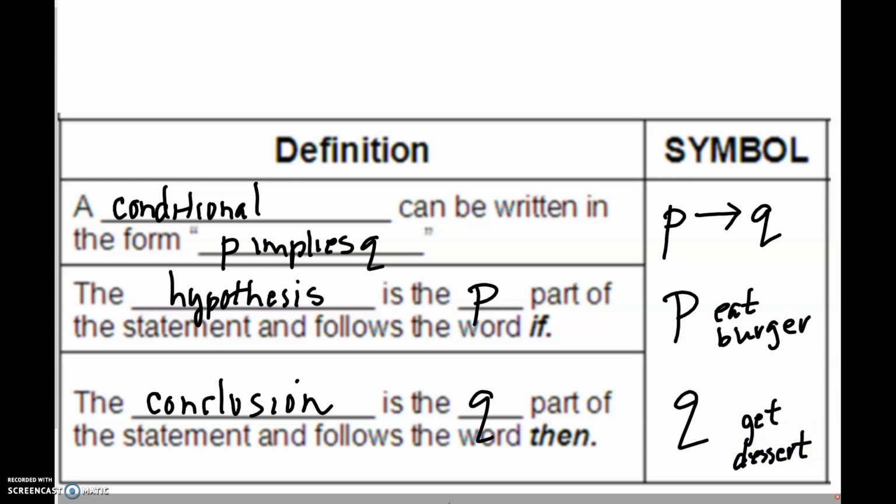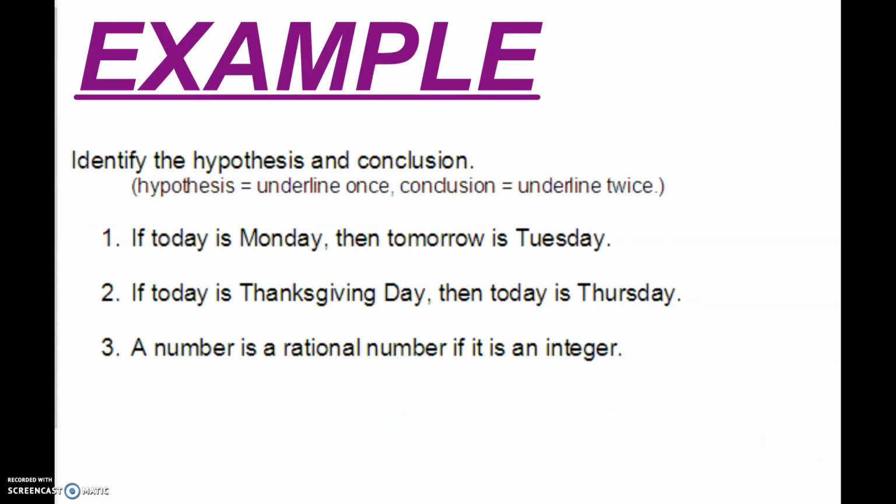Alrighty, moving on. So an example would be, and if things are already written, we say that you can underline the hypothesis once. Remember, I said that a lot of times we just call that the subject of a sentence. And the conclusion we underline twice. Do not underline if or then.